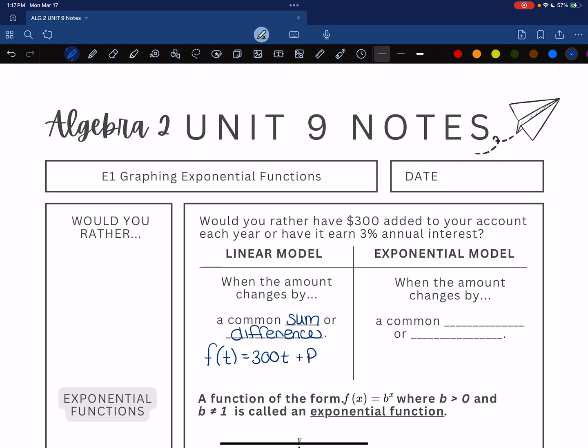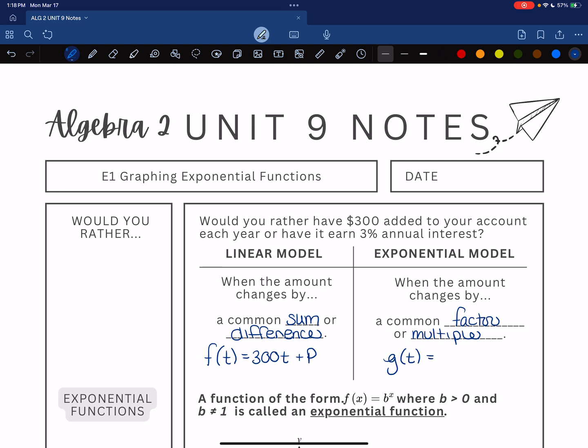However, when you see a quantity changing by the same factor each time or multiplying by the same amount each time, that is what we call an exponential function model. Again, I'll repeat that. It's changing by a common factor, or you could say multiple. Each time it's multiplying by this same amount. And so we could call this function, let's give it a different name, we'll call it g.